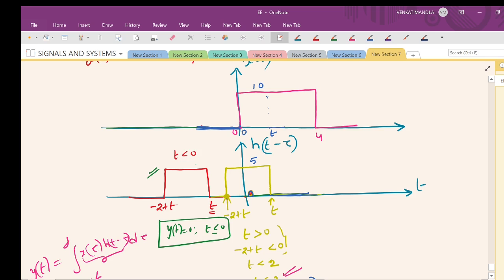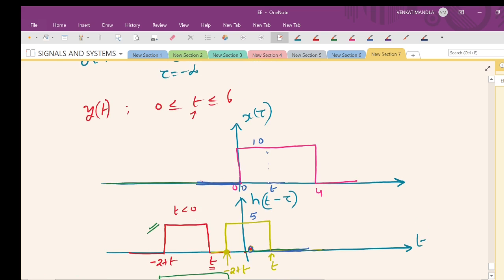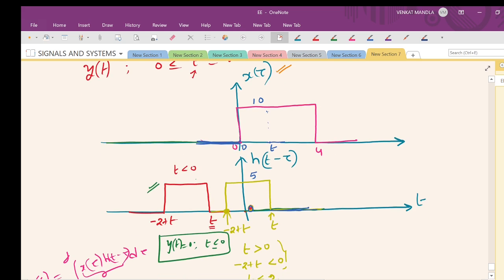this width is very small compared to x(tau), right? This is x(tau), this width is 4 units, but h(t minus tau) width is 2 units only. So I will draw this h(t minus tau) such that its total width will fit inside this x(tau), because this width is very small.